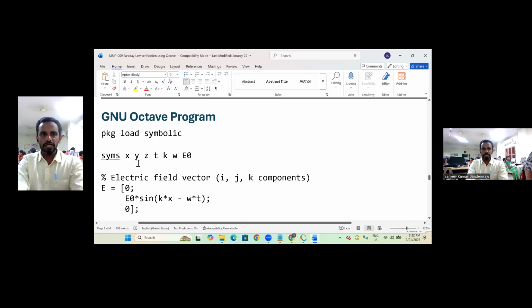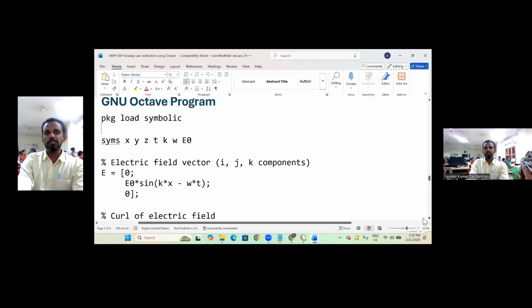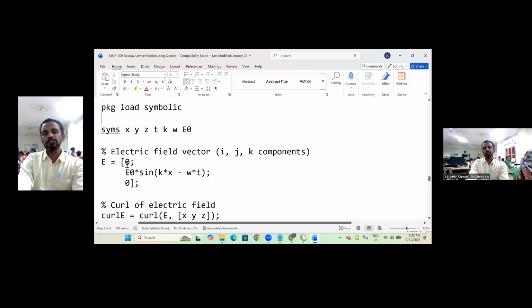I'm defining all the x, y, z coordinates, t, k, omega, and E naught. This is my electric field. It has three components, out of which two are zeros. It has only a y component, E naught sine(kx minus omega t).